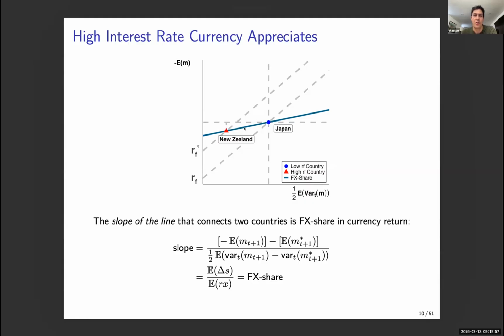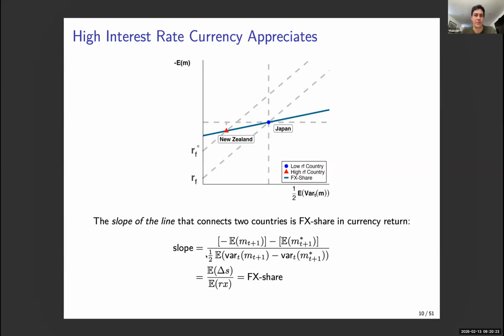The horizontal difference is how much you can pocket by borrowing in Japan and lending in New Zealand. So basically, how profitable is the carry trade between the two? The vertical distance is how much of that profitability from the carry trade is coming from predicted depreciations of the New Zealand dollar relative to the Japanese yen.